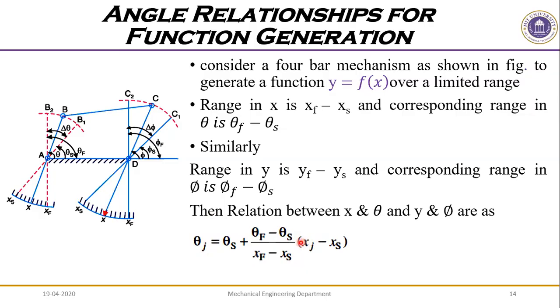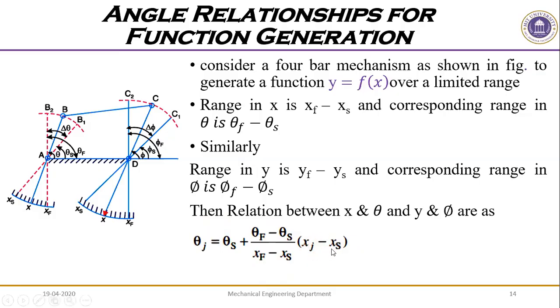The same x1, x2, x3 will get replaced and you can find theta 1, theta 2, theta 3. For that purpose, theta f and theta s are given. This is the range for the input angular displacement. This is the range for the linear input displacement, and this xj minus xs, they have given that.